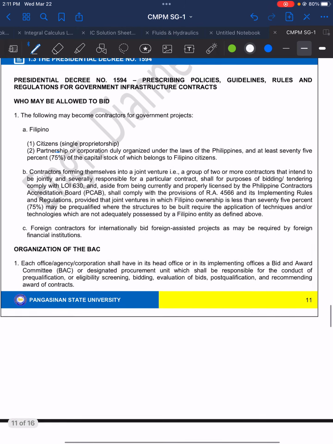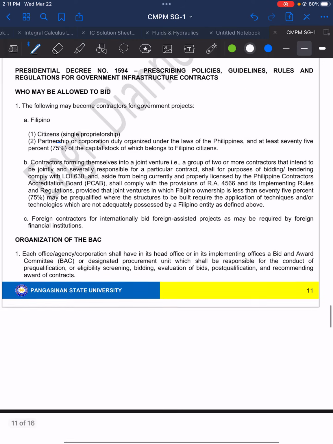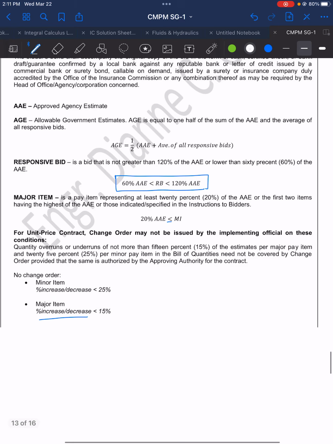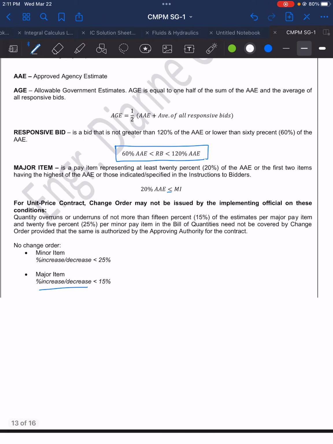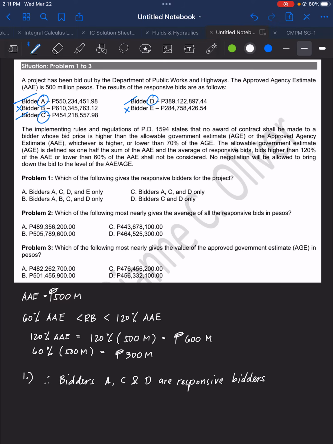This is what I should see on your first page, the Presidential Decree number 1594, and then jump to here, the AAE, Approved Agency Estimate. And then make sure to write the problems and the solution. Okay, for problem number 1, the answer here is letter C.